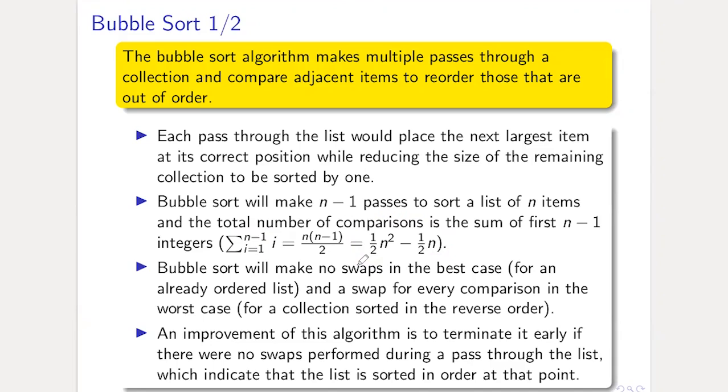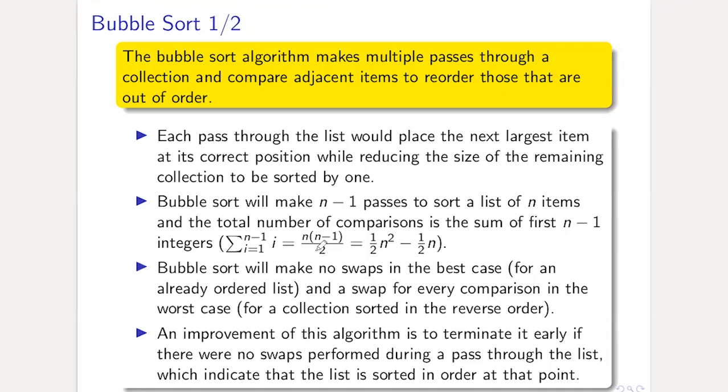Worst case is giving a list which is sorted in the reverse order. Now every time there will be a swap. This is how we visualize the best case and worst case scenarios for the bubble sort.